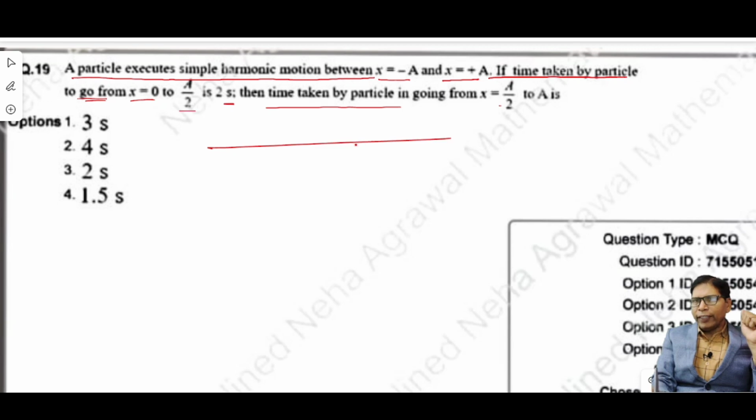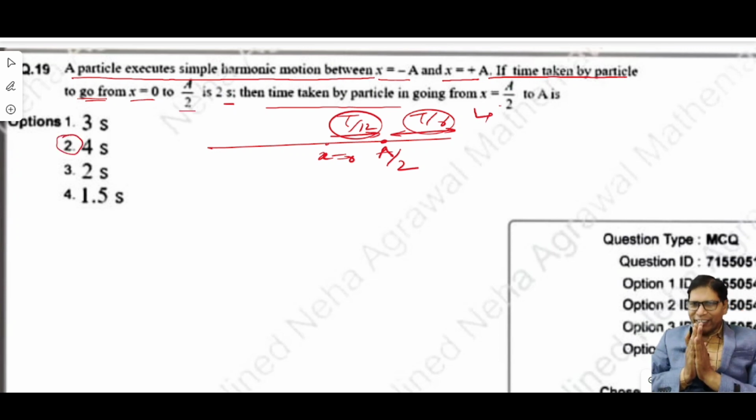Now look at this, this is the mean position, x equals 0. The time from x equals 0 to x equals a is T by 12 and T by 6. So look at this, if this is 2 seconds, this is obviously 4 seconds. Option 2 is correct.